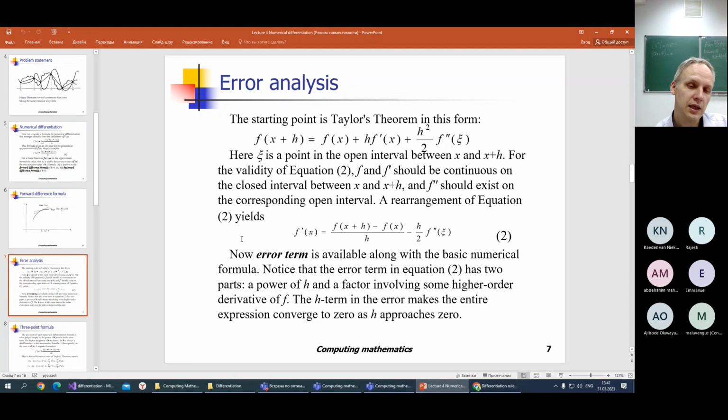Here c is some point inside the interval between x and x plus h.